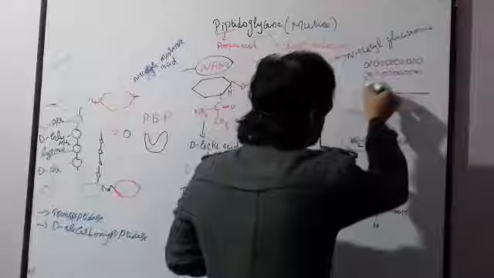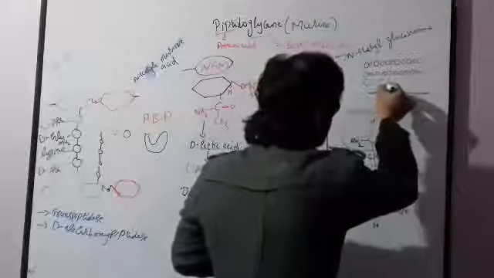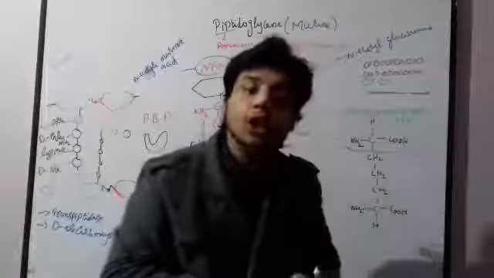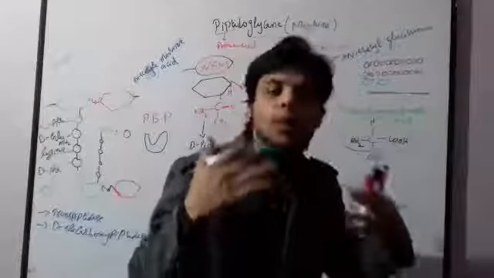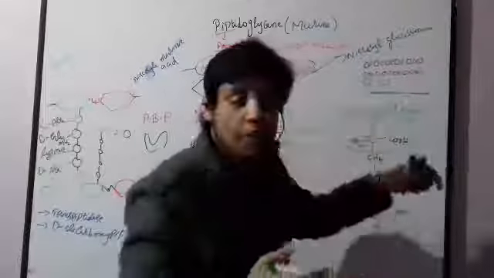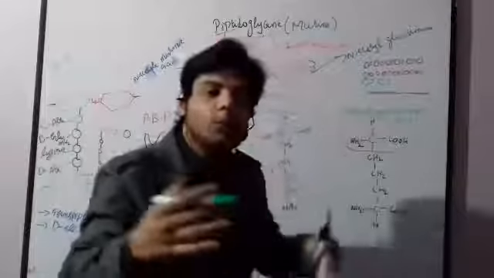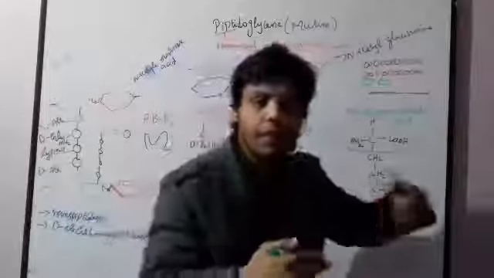These new ones, as I draw with green marker, represent the new NAM-NAG. This is the new NAM-NAG, and this is the previous one. So the new NAM-NAG will be attached with the previous NAM-NAG.